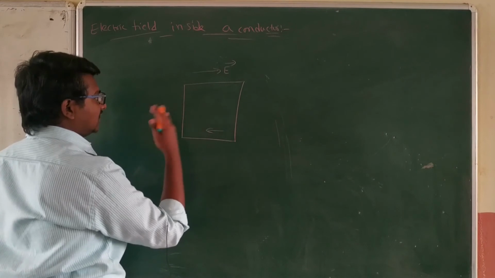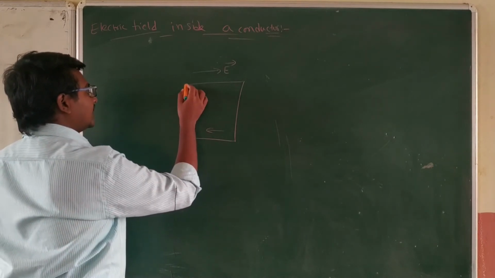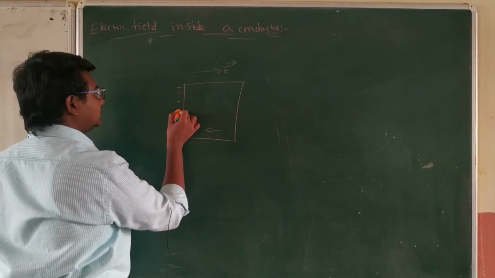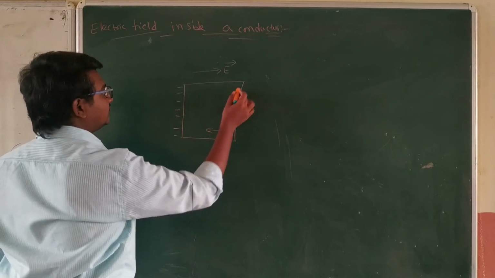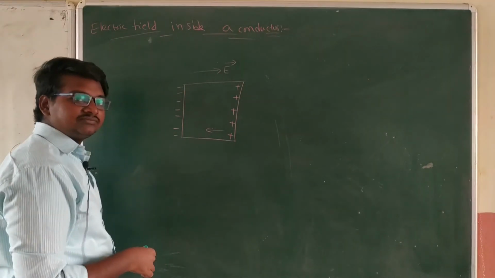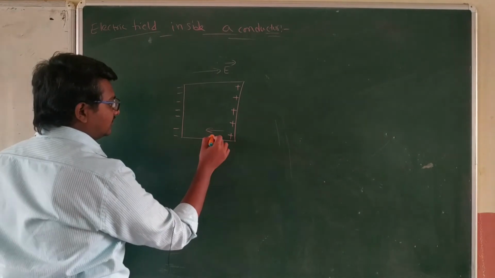Whenever the electrons move in this manner, we see negative charge accumulating on one side and positive charge on the other.